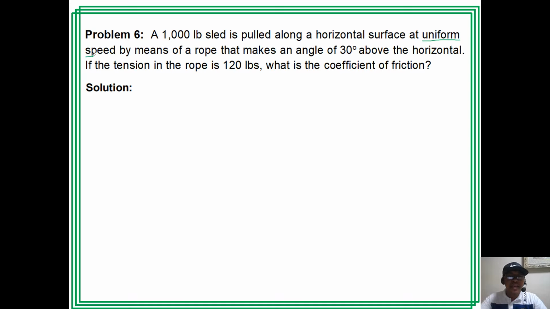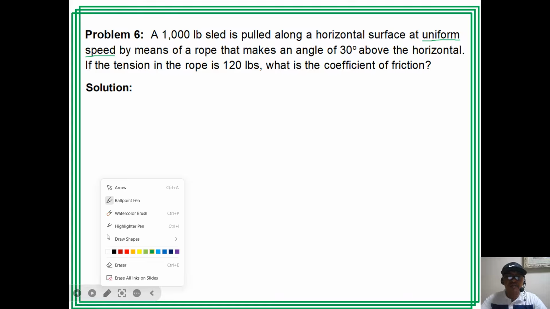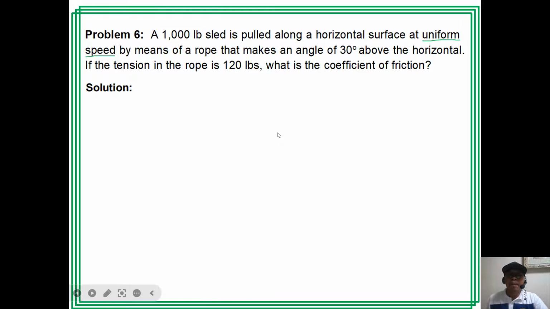And if the body is moving with uniform speed, there is no acceleration, we can apply directly our static equations in solving. But in the next topic, we have the motion of a body with acceleration. If the body is moving with acceleration, then it is acted on by an unbalanced force.